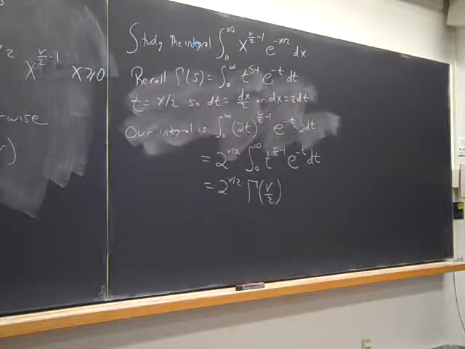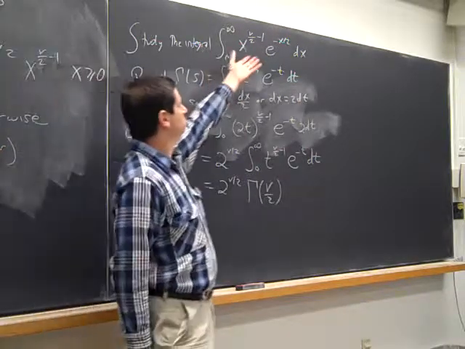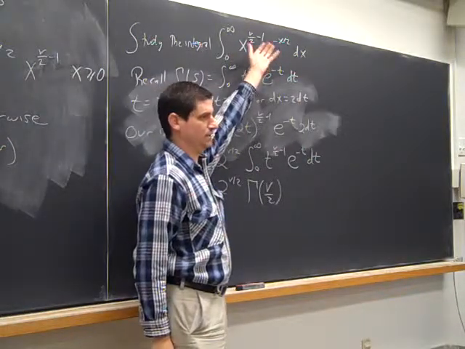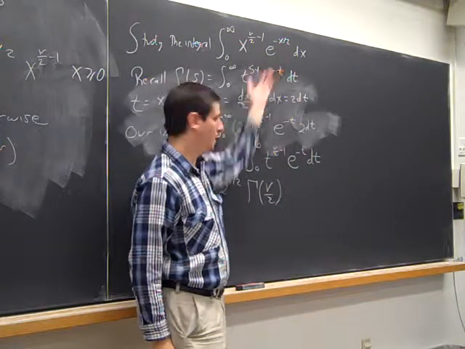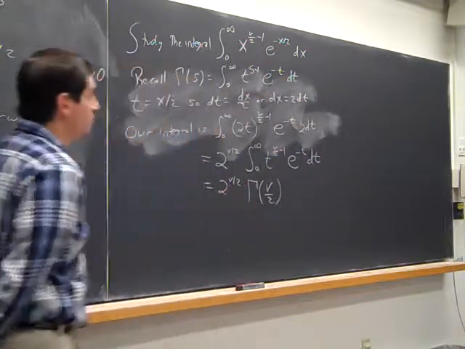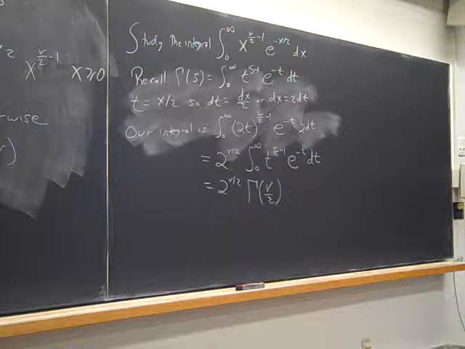And so this proves that if we divide this function by 2 to the nu halves, gamma nu halves, we do have a probability distribution. Okay. Now that we have this, let's see why this is a natural definition.